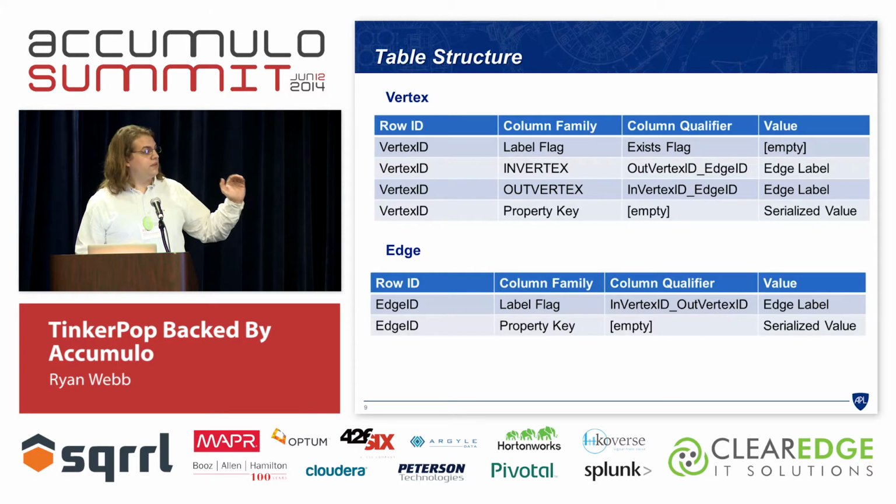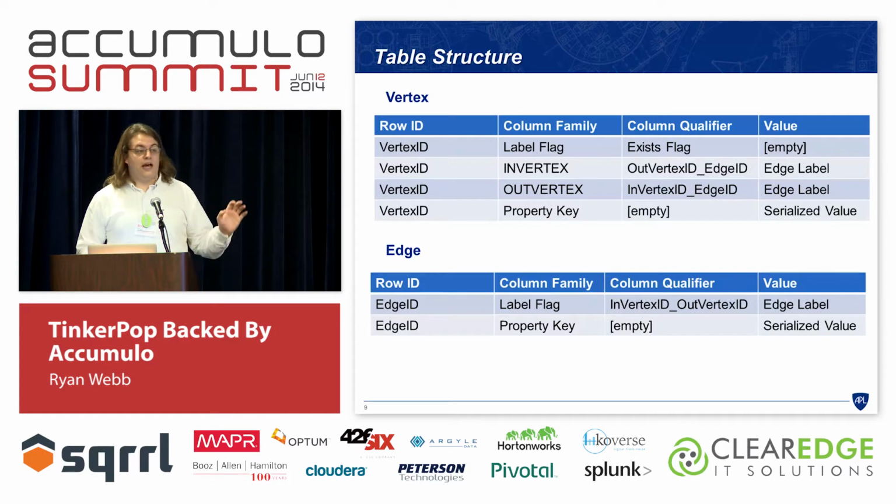And then in our edges, connections between vertices are in the next two. So you have a vertex with its in-vertex column family, and then you have the out vertex that it goes to, and the edge that represents that relationship. And then in the value is the label of the edge. An edge label is something that is required every time you make an edge within the TinkerPop API. It defines what that edge is.